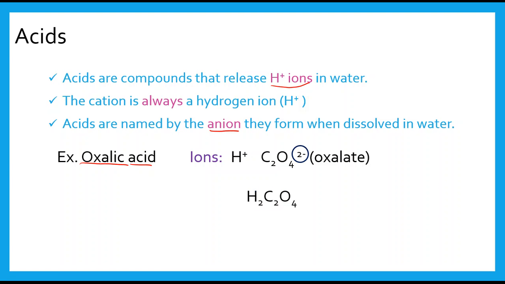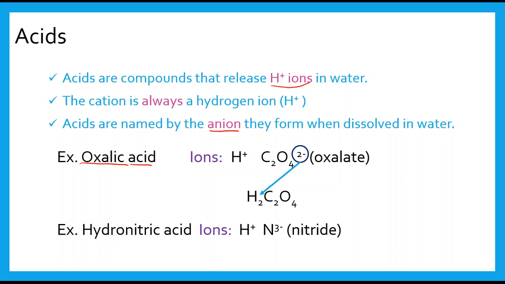And now it's a simple way to do. Look at the charge on the anion, which is -2. The number in the charge becomes the subscript on the hydrogen. Okay, the number on the charge becomes the subscript on the hydrogen. Let's look at one more example. Hydronitric acid. The ions are hydrogen, which is H plus, and nitride, which is N3-.